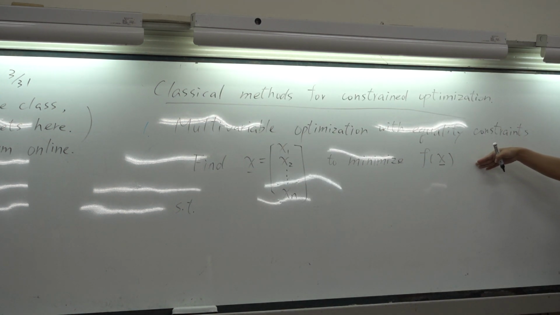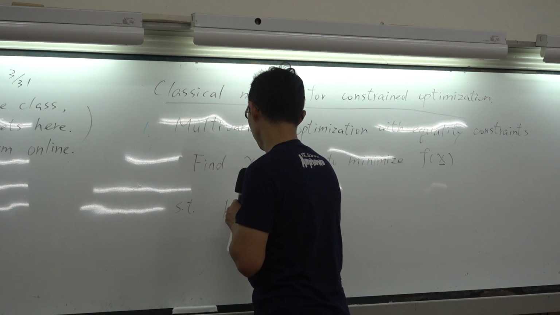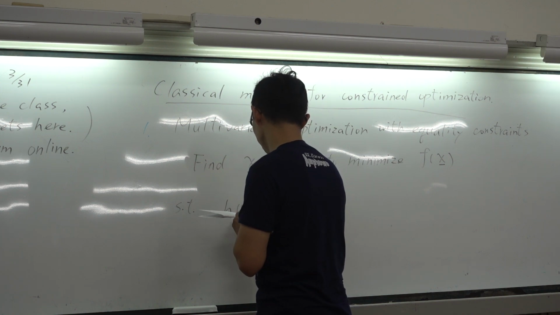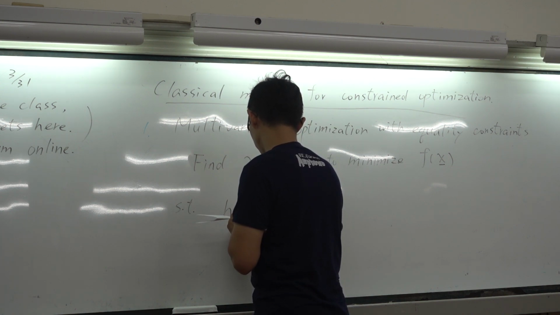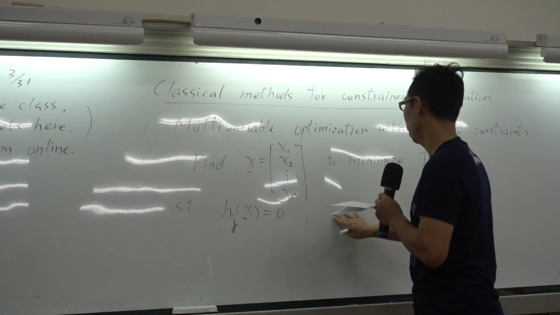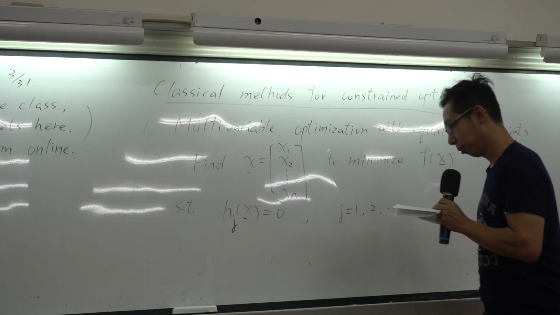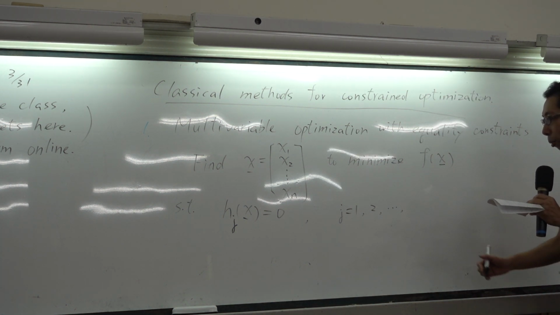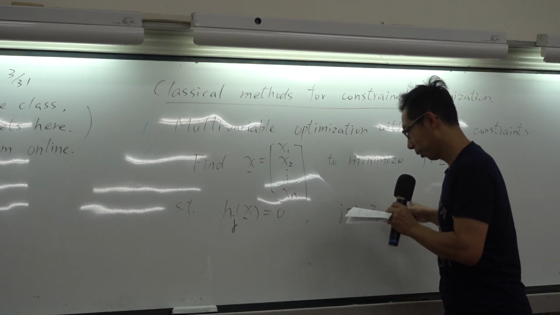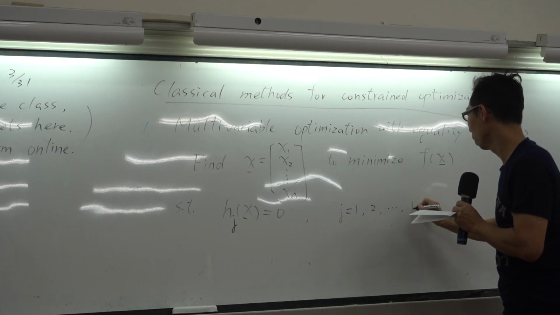So in addition to performing this minimization problem, we also have some constraints: h sub j of x equals 0, and there are several constraints, so j from 1 to p. I think either way is fine, I would say p.